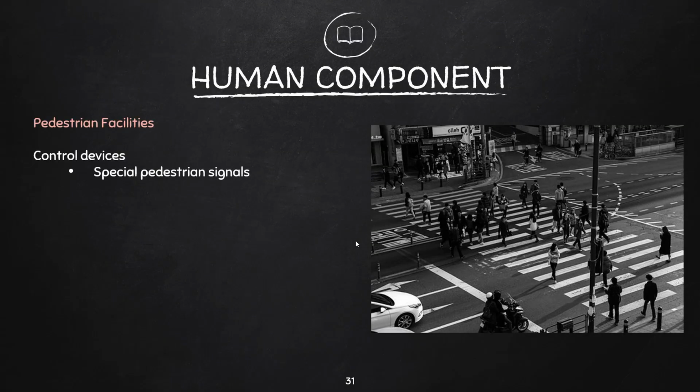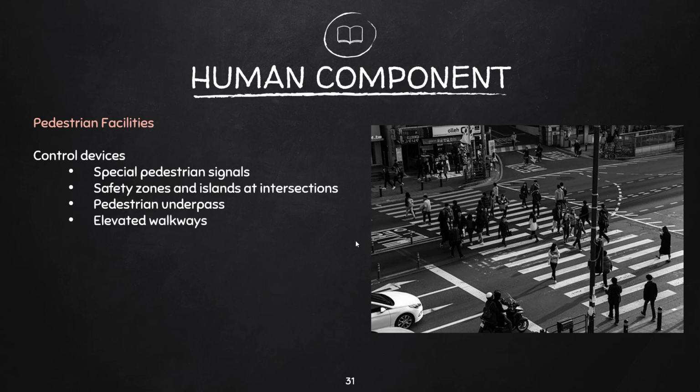Some control devices are special pedestrian signals, safety zones and islands at intersections, pedestrian underpass, which is somewhat safer, elevated walkways, crosswalks, and traffic signals. Elevated walkways you can see usually in Makati. There are many elevated walkways in Makati.